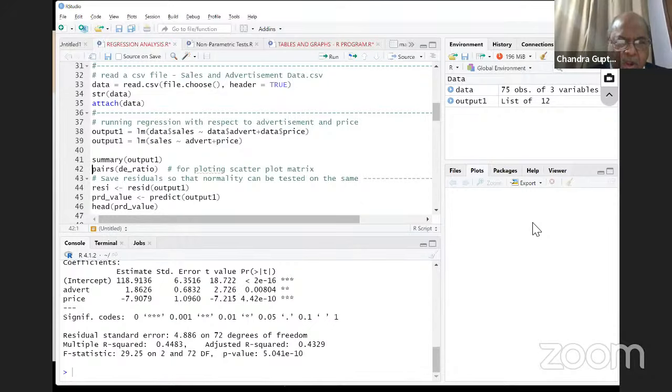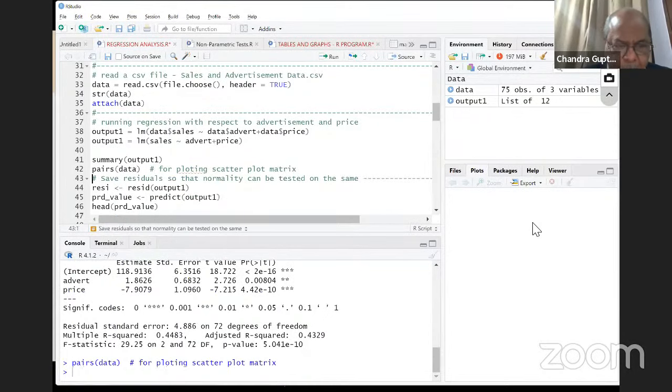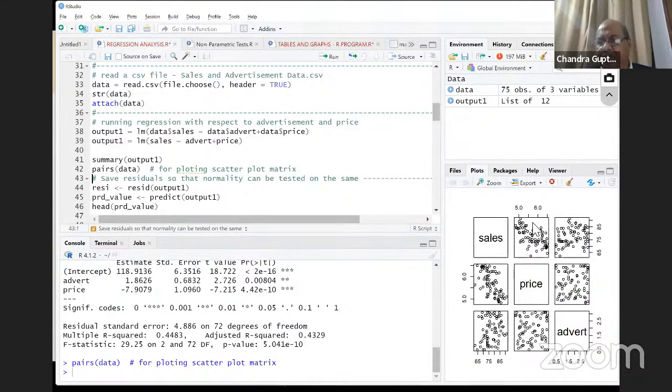And if you want to make the scatter plot matrix, the command is pairs. You can get the correlation matrix.